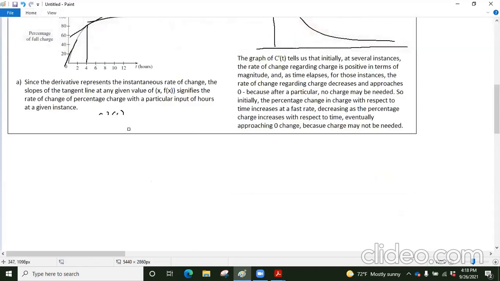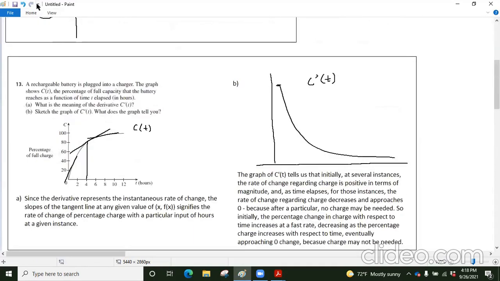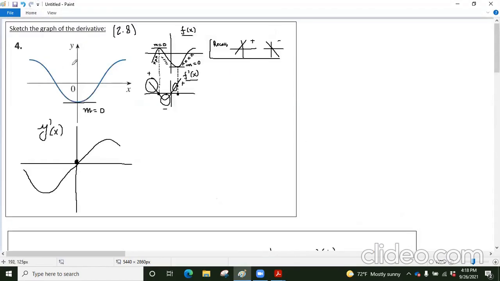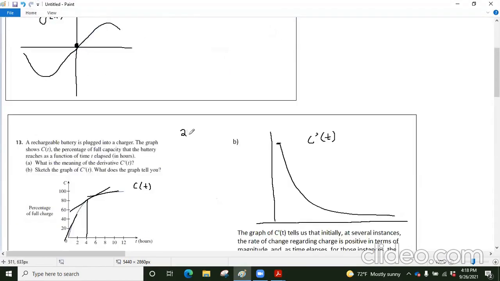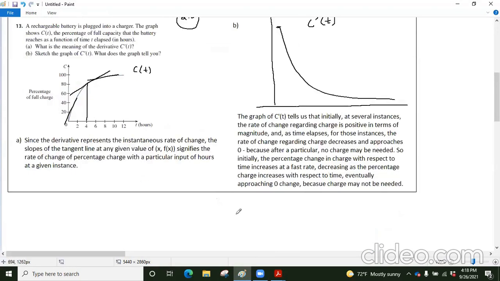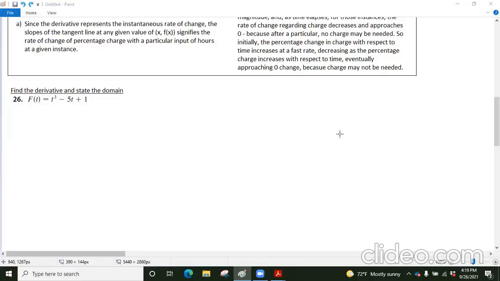And this is, again, section 2.8. So this particular question tells us to find the derivative and state the domain.